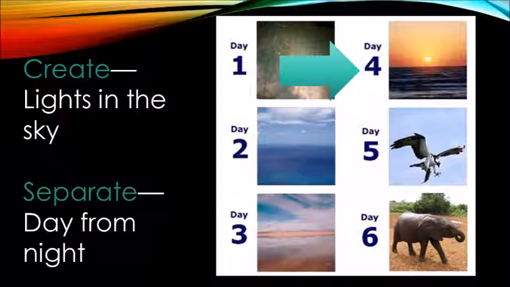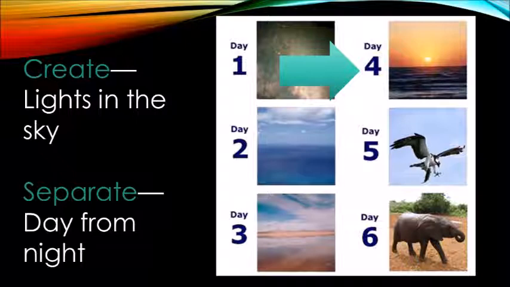You'll notice on day 4 we have the creation of the lights in the sky, and there's a reference to the greater light and the lesser light. Obviously the sun and the moon. The Hebrew words weren't used because the Hebrew word for sun, Shemesh, was also the name of a Canaanite god. So the narrator avoided that word. But the separation is to separate the days from the night.